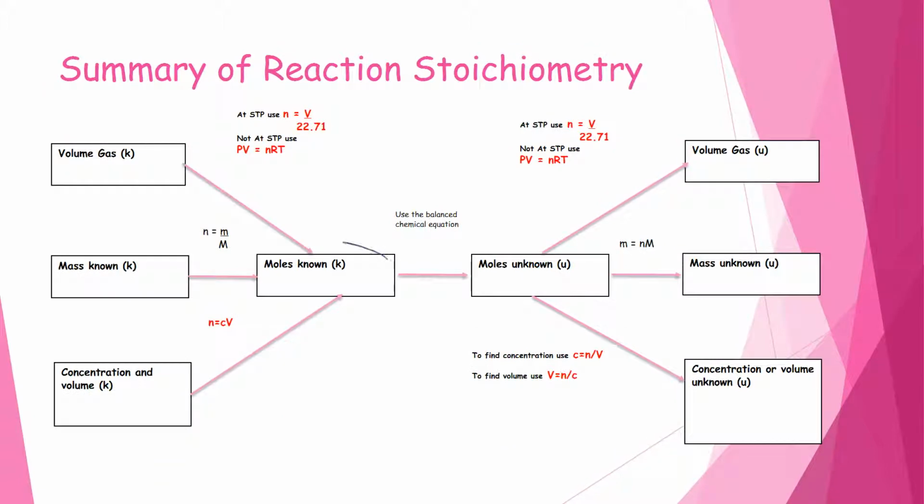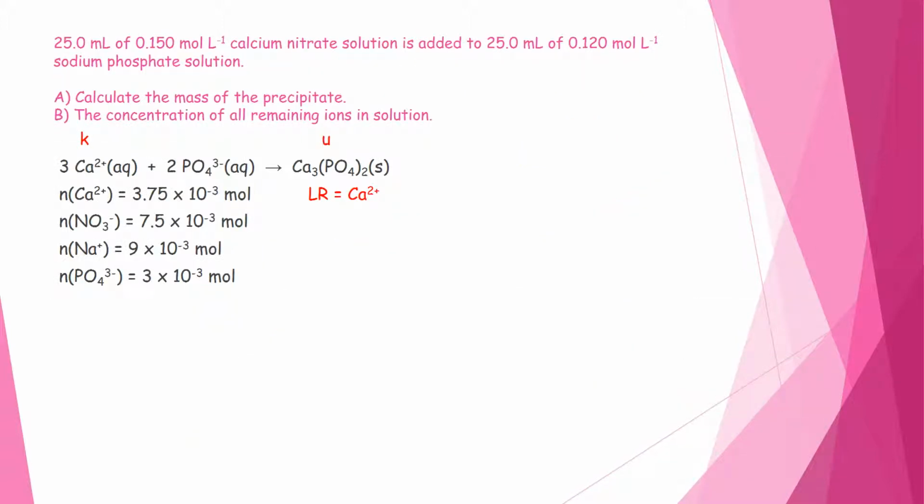So now we've determined our moles known, we'll be able to find our moles unknown of the precipitate. So we've now decided calcium ions is our known, and our unknown in this particular case is going to be calcium phosphate.